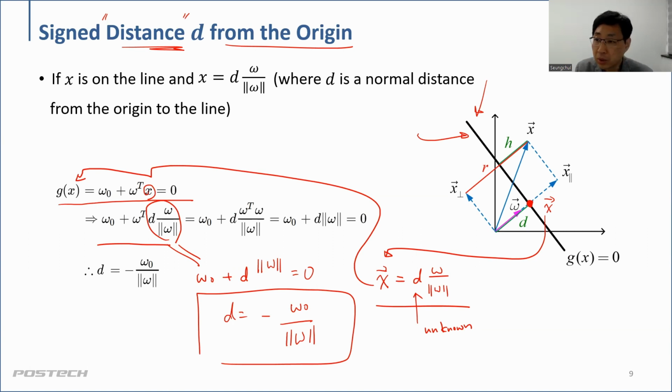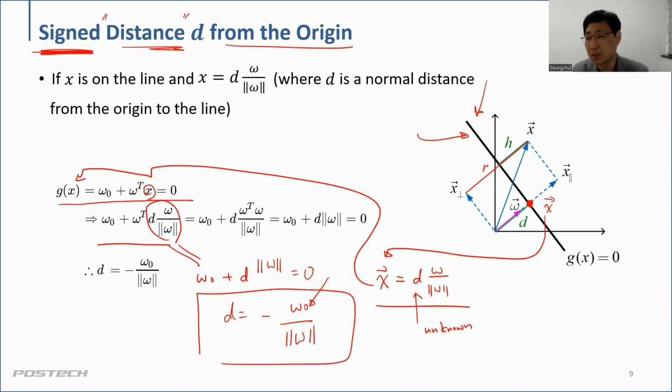Another thing that I want to mention here is signed distance, which means the distance can be positive or negative, which is why I call it signed distance. If omega naught is positive, that means there's a negative distance.